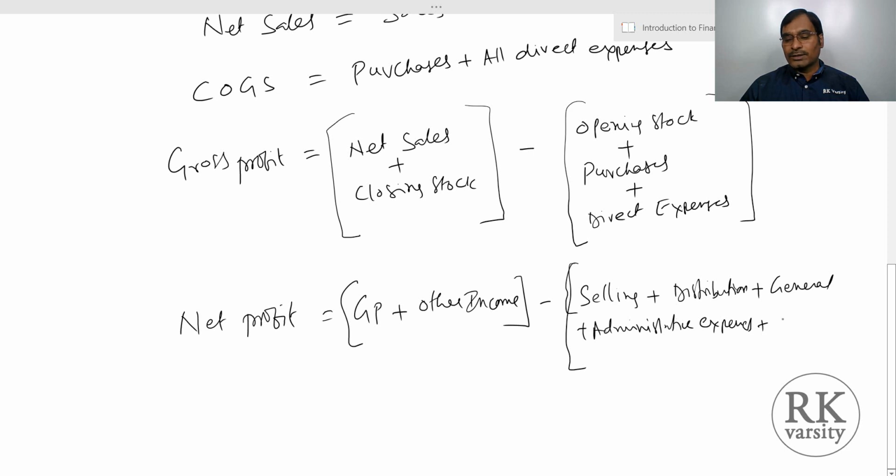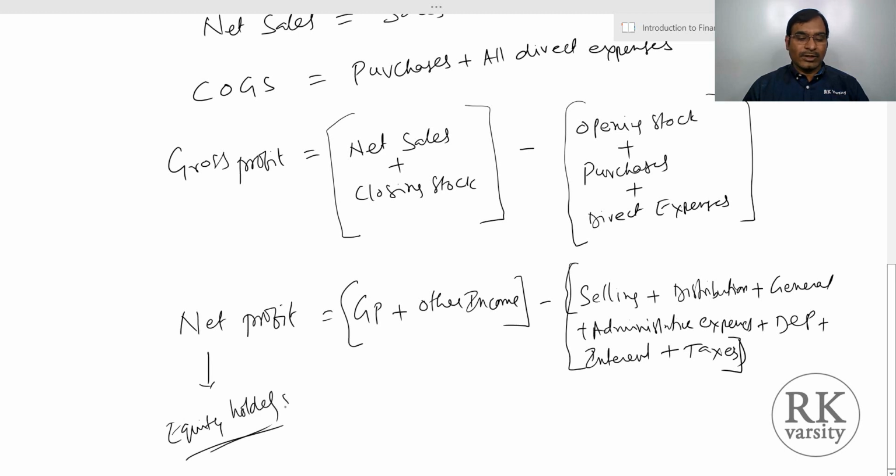We also consider depreciation that we pay, plus interest amount that we pay, plus taxes. So net profit is the amount which belongs to the equity holders or owners.